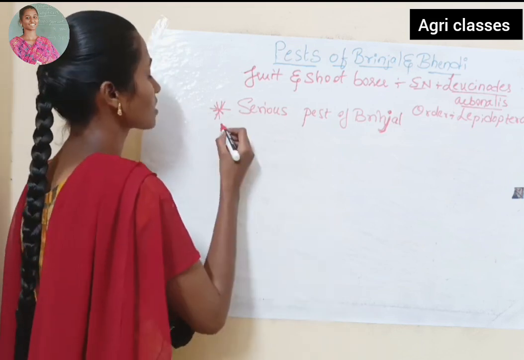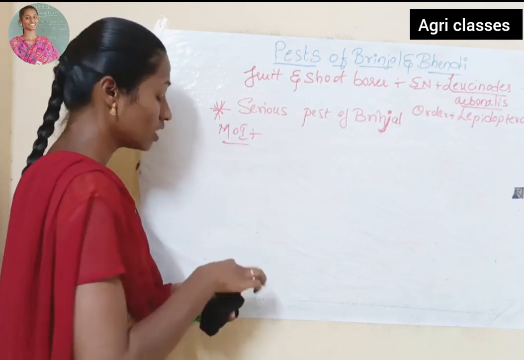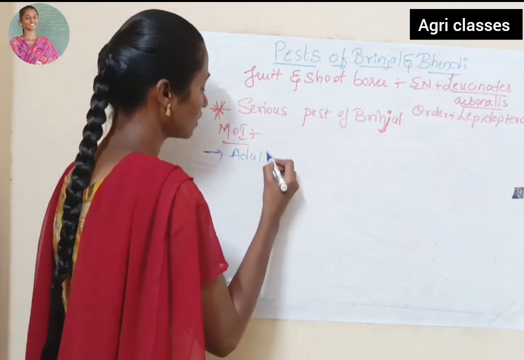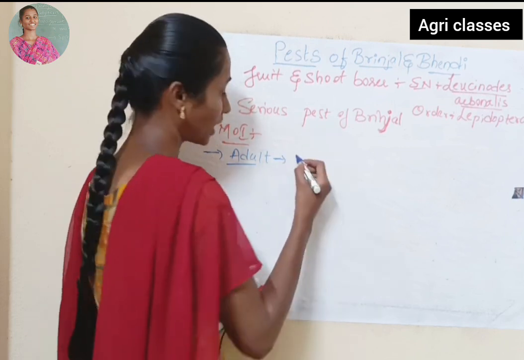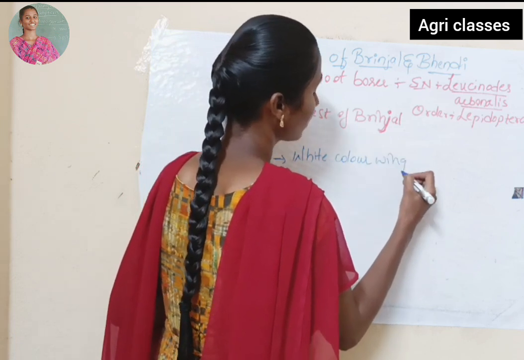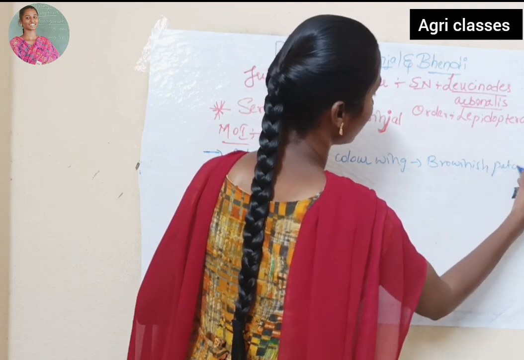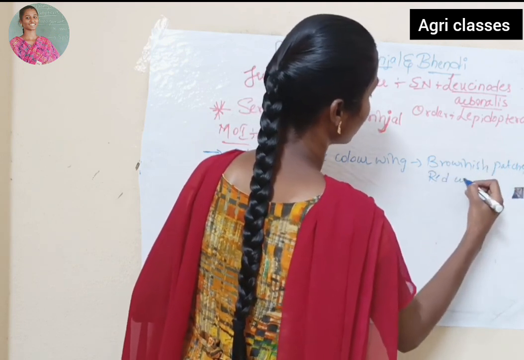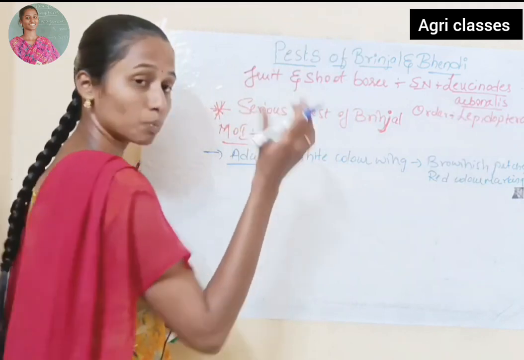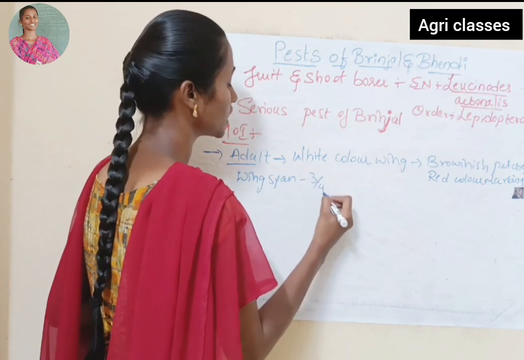Okay. And next thing, first of all, marks of identification. So how will we identify the pest in the field? First of all, the adult. These adults are small, having white colored wings, brownish patches on the wings, and red color markings on the wings. The wing span is 3/4 of an inch.